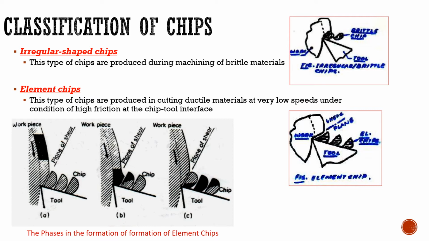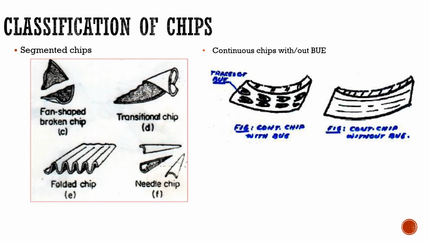And also probably it uses a large feed rate, a negative rake angle, and can also be due to the cutting fluid, whether it's absence or inadequacy of the cutting fluid.